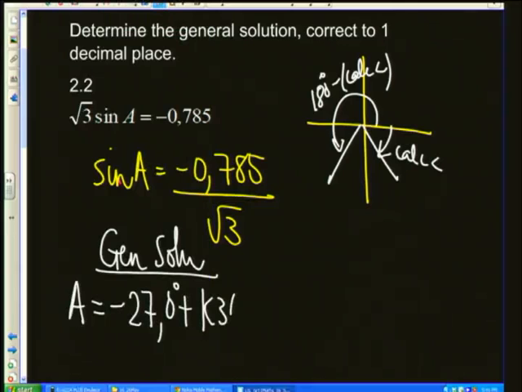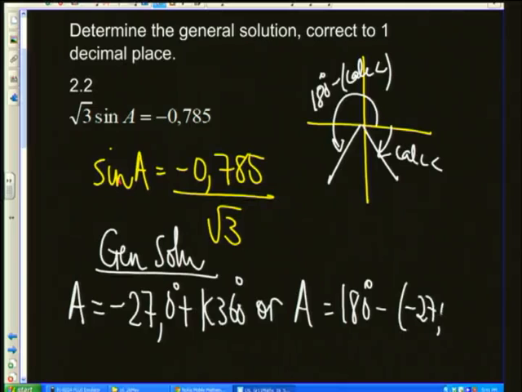Why is it 360 degrees? Because the period of the function, or A equals 180 minus the calculator angle, and all that gives us 180 plus 27.